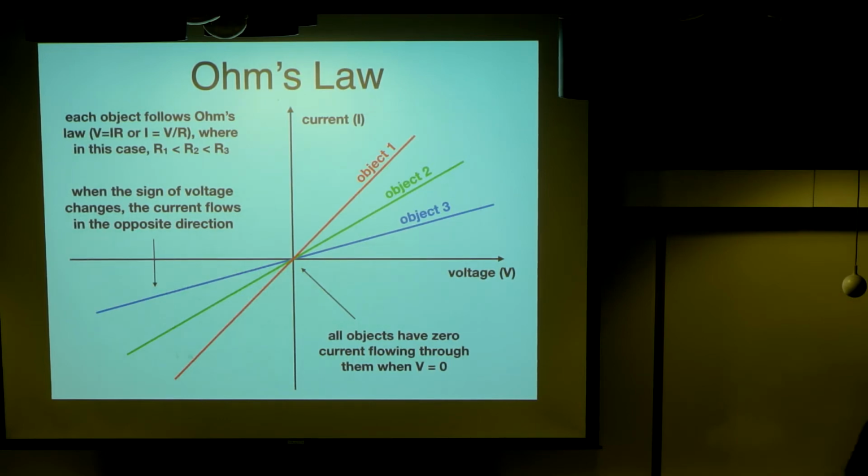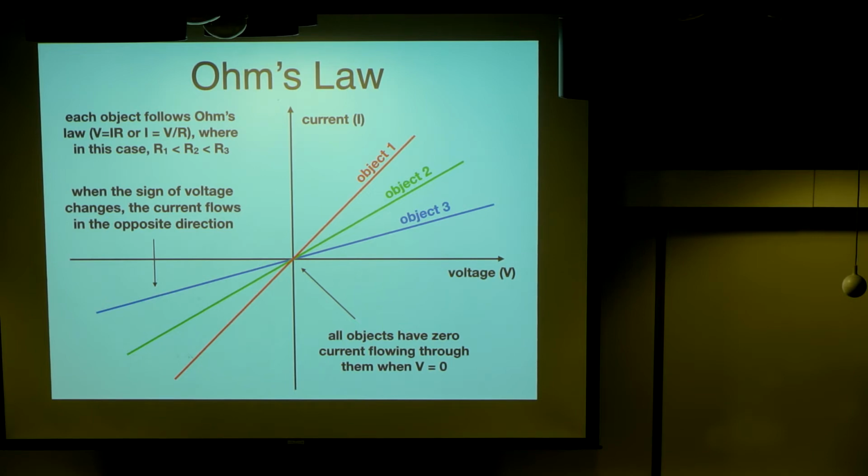All right, so let's just take a look at what the statement of Ohm's law really is, and then we'll get into when it applies, when it doesn't apply, and how it sometimes gets a little bit modified. So here I'm showing you a graph of current, which is I, plotted on the vertical axis, and voltage, which is V, plotted on the horizontal axis.